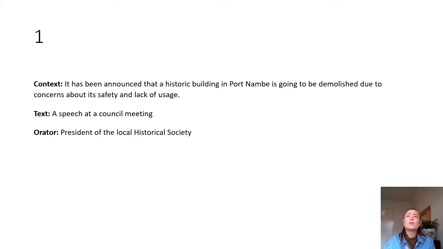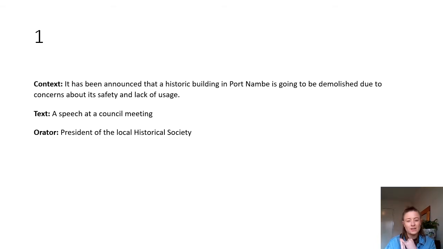I would also think that perhaps they might attack modernity, and they might talk about how buildings these days are all the same, that perhaps they aren't built as well as older buildings were, that they are an eyesore perhaps, or that they don't bring anything special.